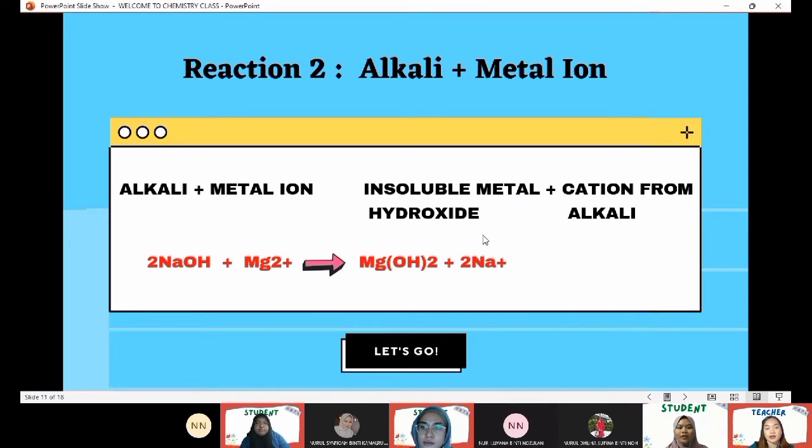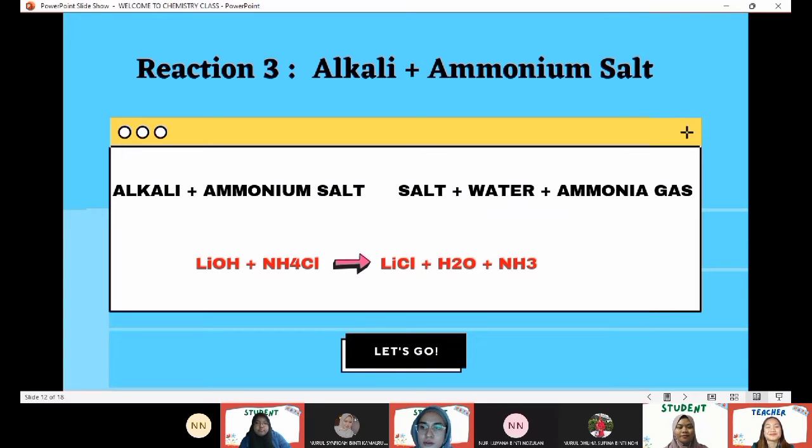Okay. Noted, teacher. Next, we go for the third property, which is alkali reacting with ammonium salt. The reaction between alkali and ammonium salt will produce salt, water, and ammonia gas.